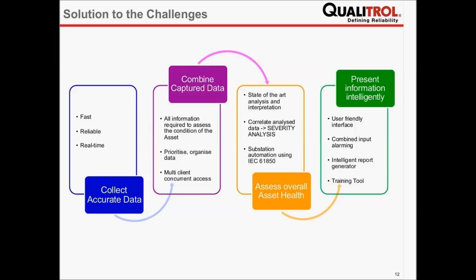This database will be accessed by an expert analysis system, and that expert analysis system should be based on severity analysis and correlative analysis of different parameters. This expert analysis system should be used to identify the overall health of the transformer.